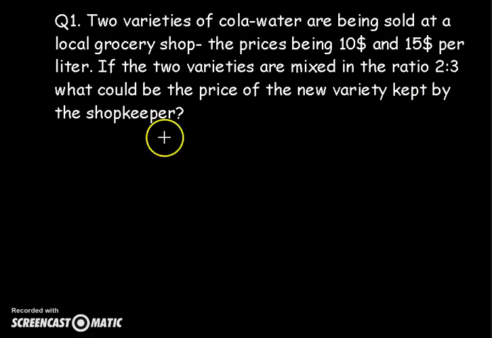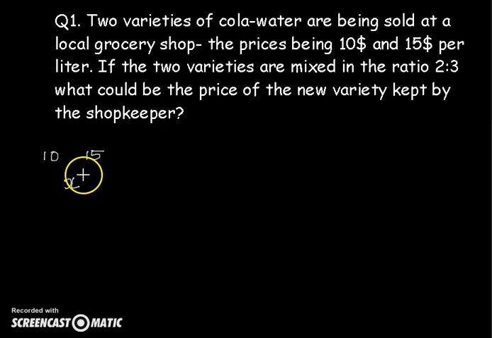To use allegation, we know that we have to write the individual prices in one line, 10 and 15. Consider the new price, or the price of the new variety, to be x.